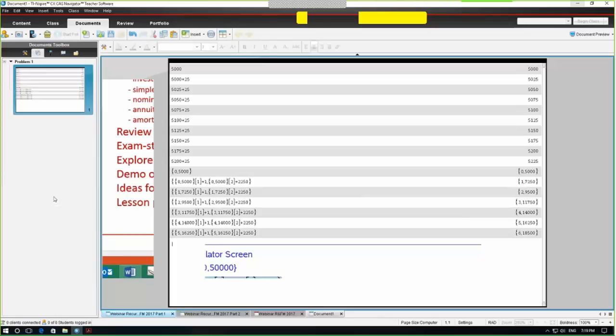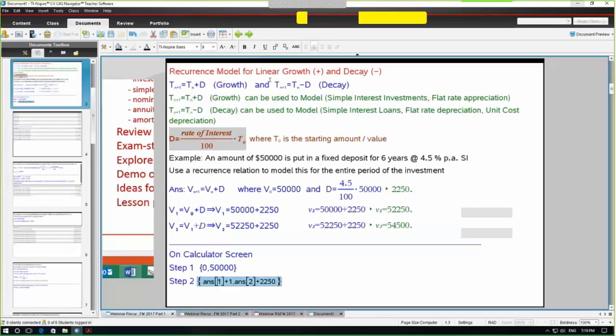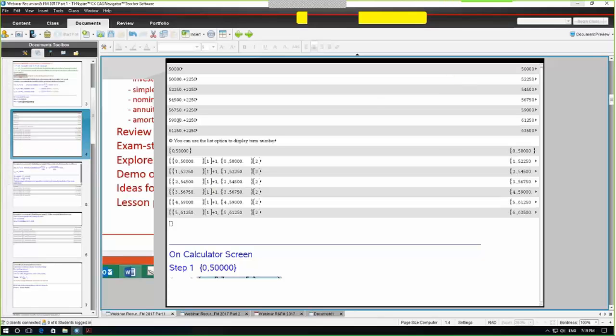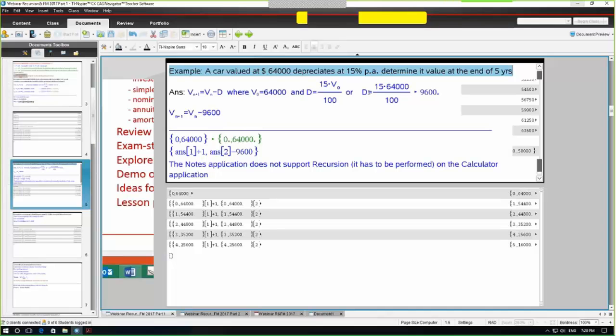Okay. I've got some examples there now, following exactly the same thing. A car valued at 6,200 depreciates at 15%, determine its value at the end of 5 years. There's a question, and we are using this recursion relation. So first I calculate the value of D, which is 15% times my original value over 100, and D turns out to be 9,600.